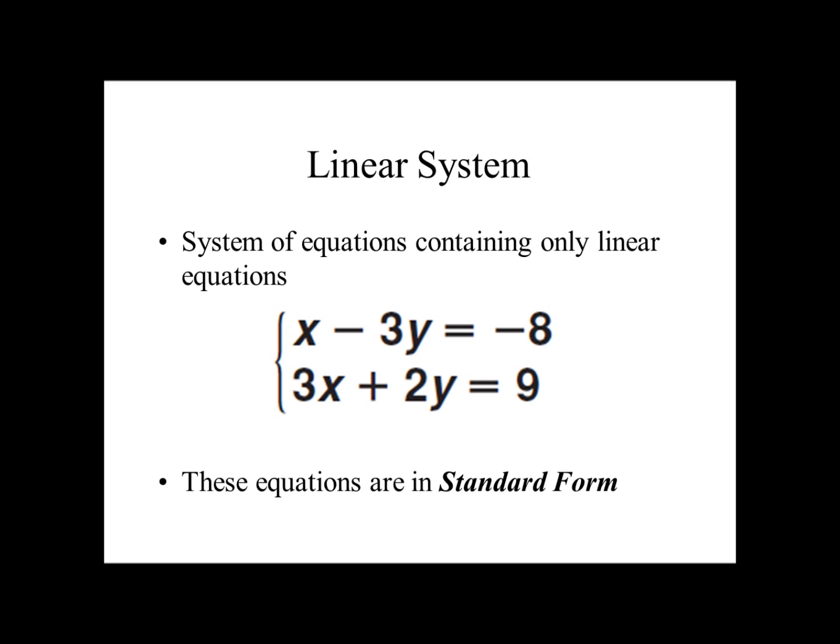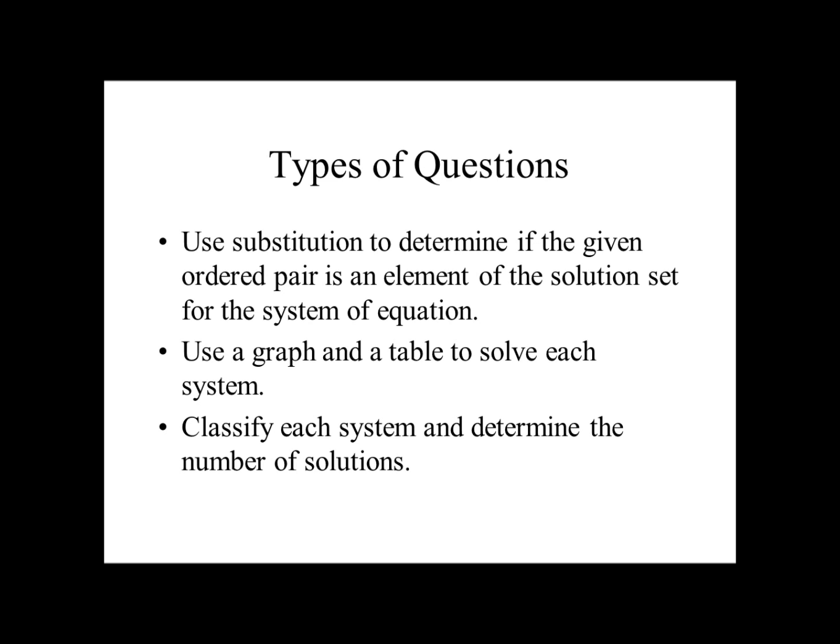I could solve both of these for y and get slope-intercept form. Maybe we'll have to do that, maybe we won't. The types of questions that you're going to see in your homework in this section are to use substitution to determine if the given ordered pair, that is an x comma y point, is an element of the solution set for that system of equations.